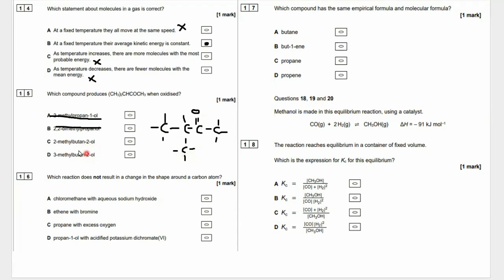Well, it can't be 2-methyl-butan-2-ol because the methyl group is on a different carbon than the ketone, which is where the OH will form. So if you're wondering why that's an ol, that is going to be oxidized. So the answer is going to be 3-methyl-butan-2-ol. Lovely bubbly.